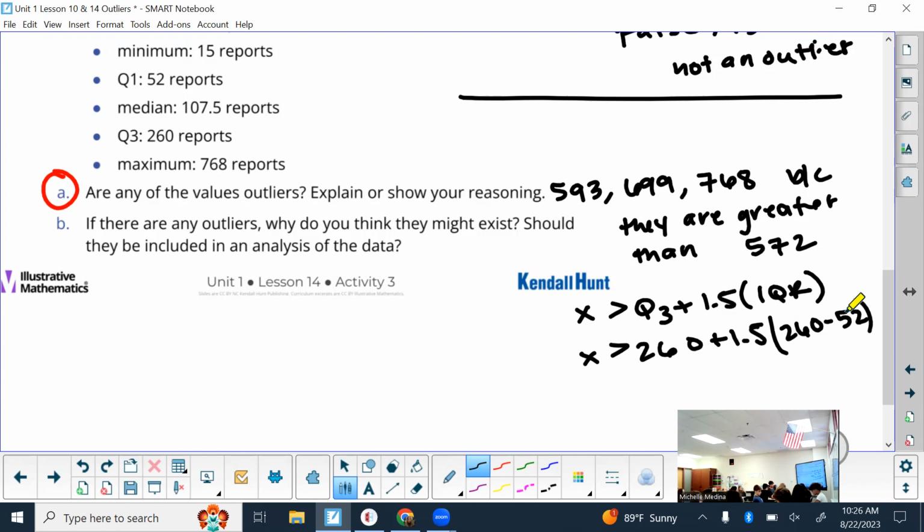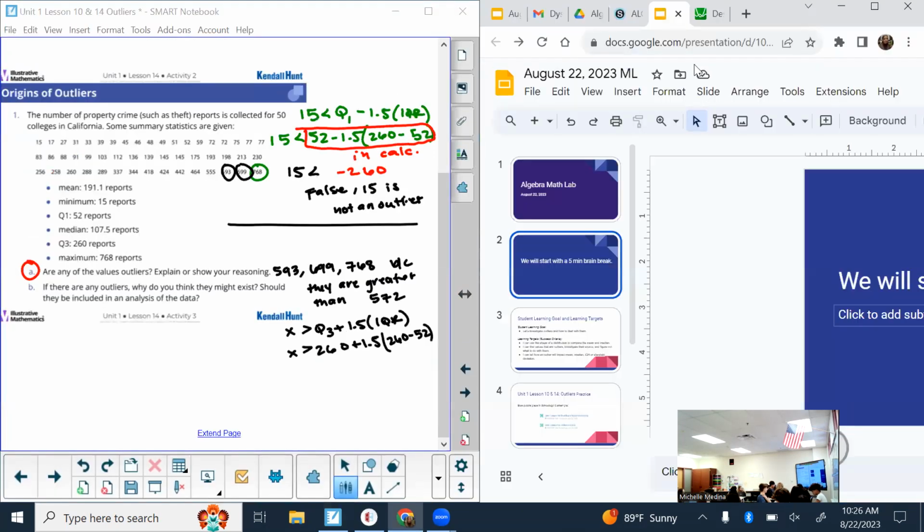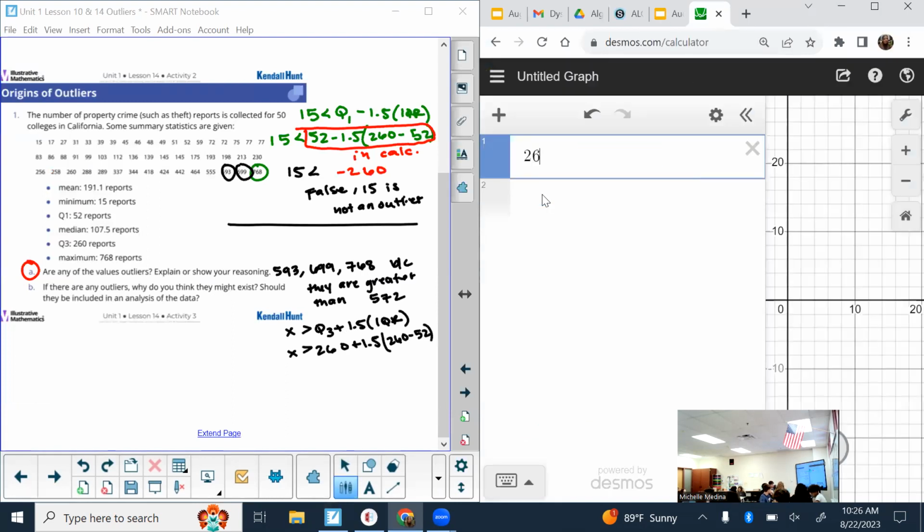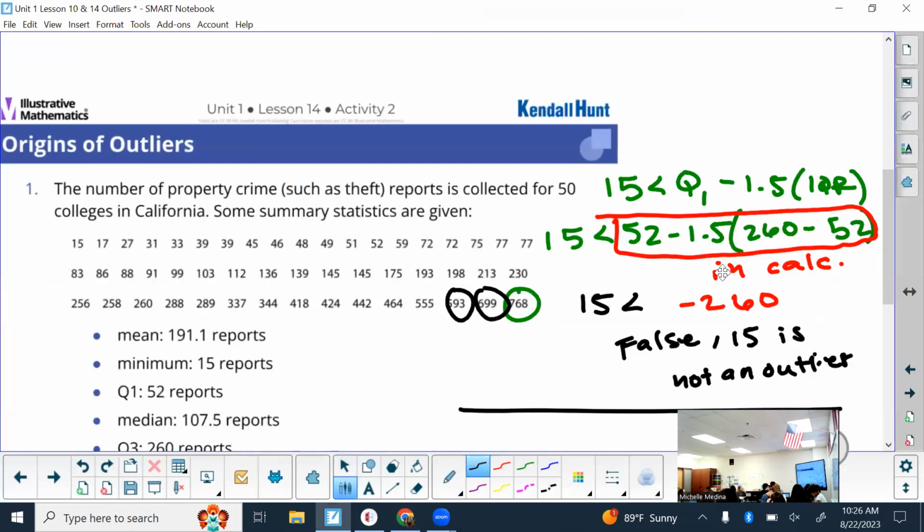That you put in the calculator, just the right side, don't put the X greater than, because it probably won't tell you anything in Desmos if you do that. 260 plus 1.5 times 260 minus 52. All right, that's how we get the 572. And then the three numbers at the end, the 593, 699, 768 are all greater than 572. So they are all outliers.